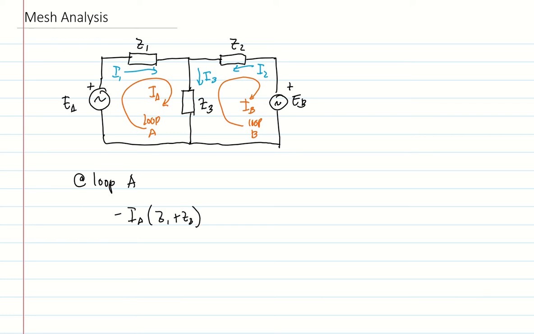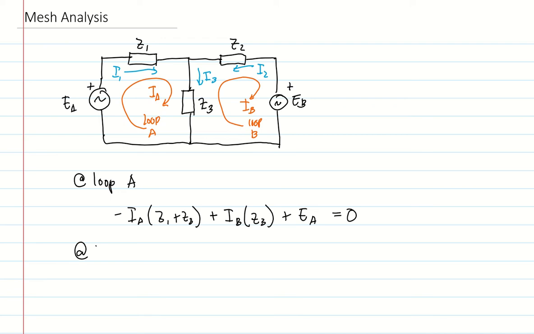There is another current passing through Z3, and that current is IB, in the opposite direction, so it should be the opposite sign of IA. IA is minus, so this should be plus IB multiplied by Z3. Then, the sign of EA is positive, so plus EA equals 0. This is the concept of mesh analysis. It's based on Kirchhoff's voltage law; we just apply it along the loop.